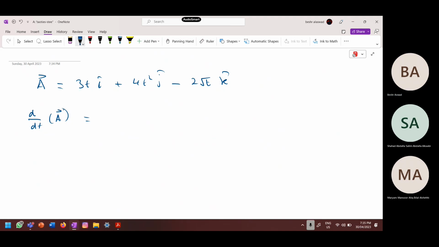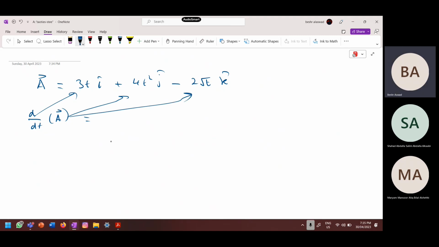Simply, you need to find the derivative of each and every component of the vector. So this means you'll get d/dt of 3t i hat plus d/dt of 4t squared j hat, minus 2 d/dt of square root of t k hat.